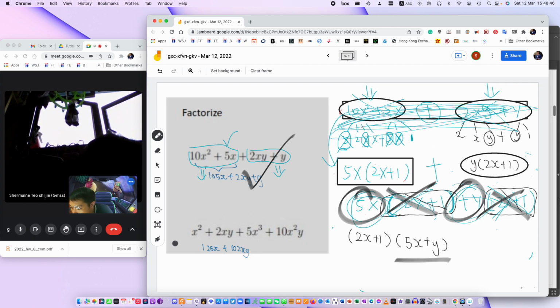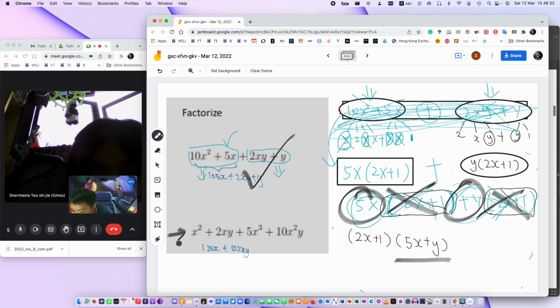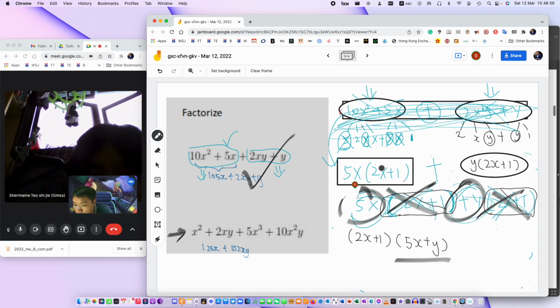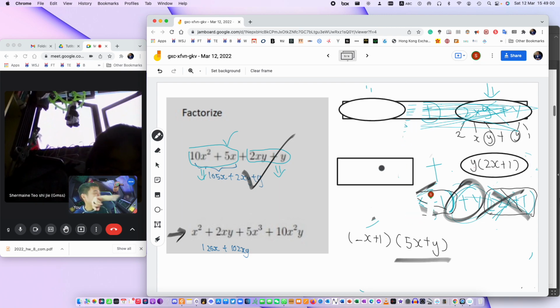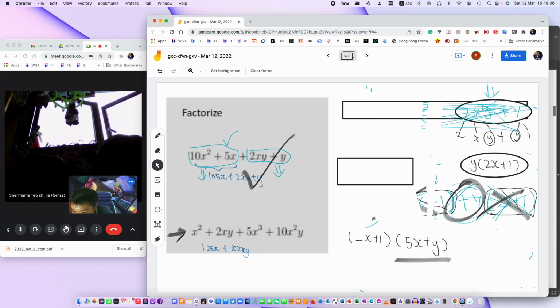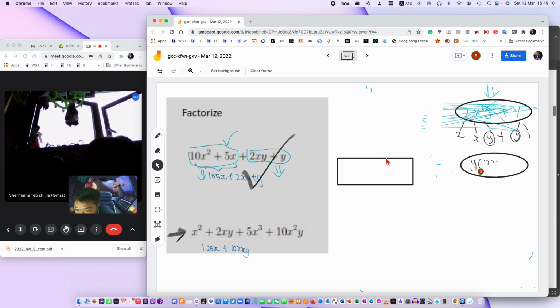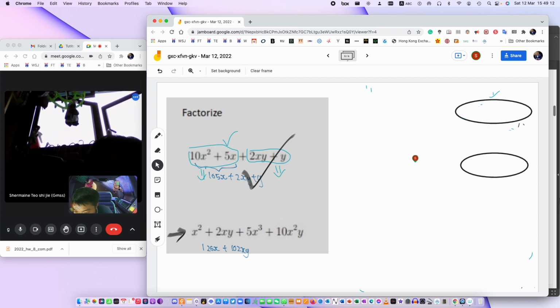Erase this work. Please work on this. Same strategy. Erase the thing on the right first. Let me help you out with the shape. Okay, good.